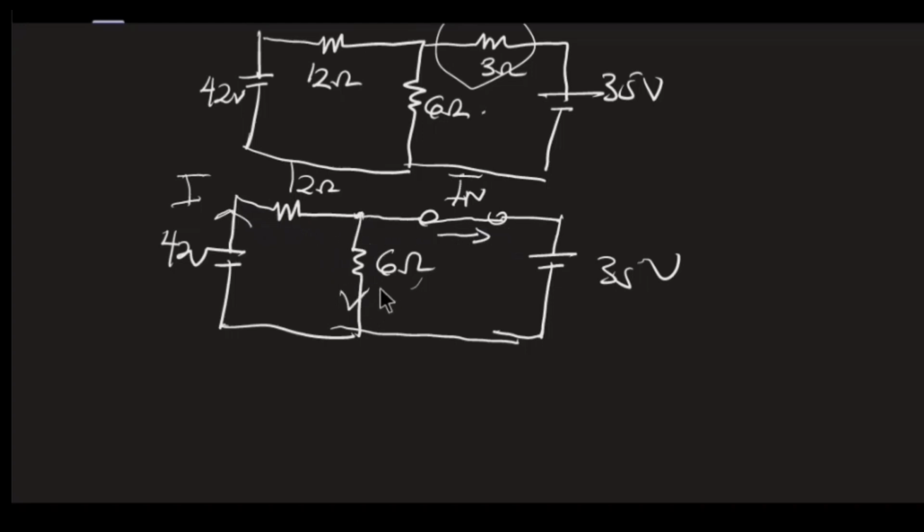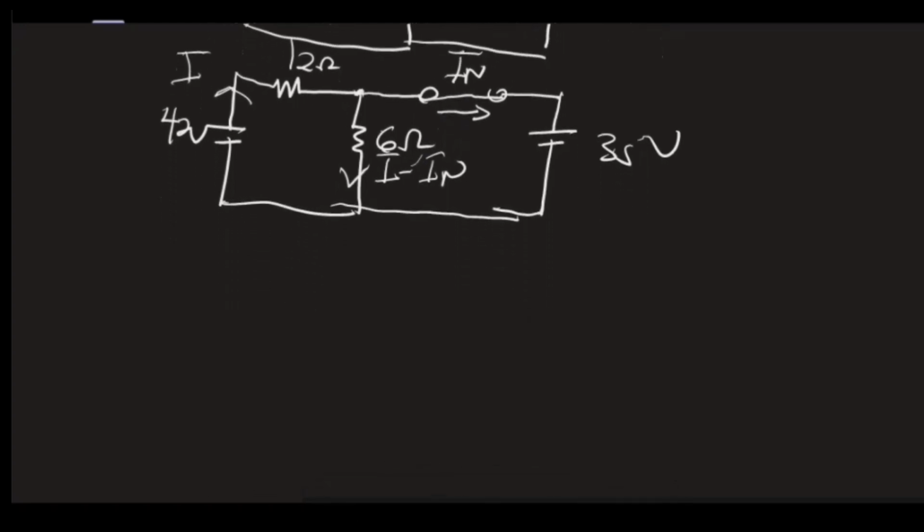So the current passing through the 6 ohm resistor is going to be I minus IN, because this I was split into IN, and the rest will pass through the 6 ohm. So the rest is I minus IN.